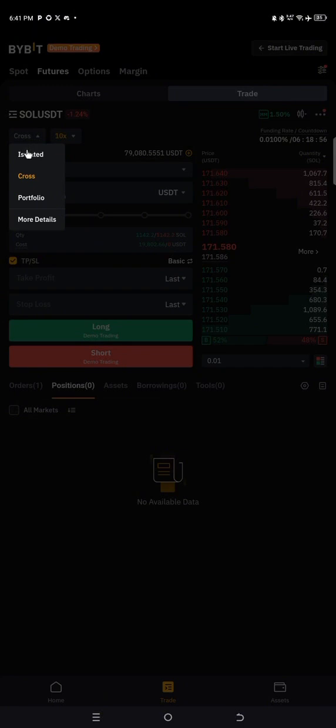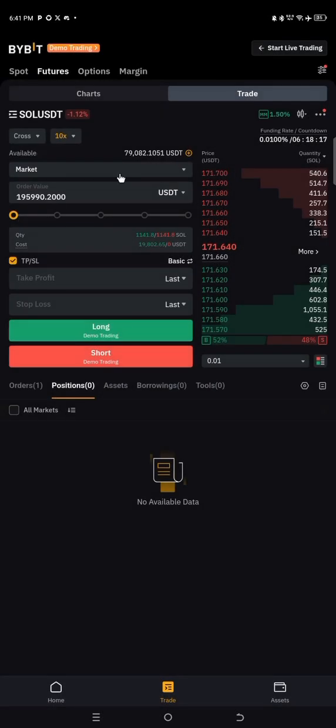That is isolated for you. Why cross only affects everything in your trading balance. Even though you enter the market with $1 and you have $200,000, as long as the market liquidates you, you're going to lose everything in your trading balance, right? So that is it.